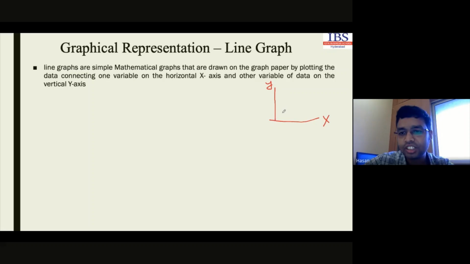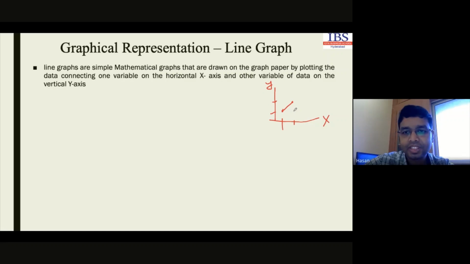So if we put x value 1, y value 1, this is a point. Then x value 2, y value 2, this is another point. Now we simply join these two points and it creates a line. That's why it is called a line graph.